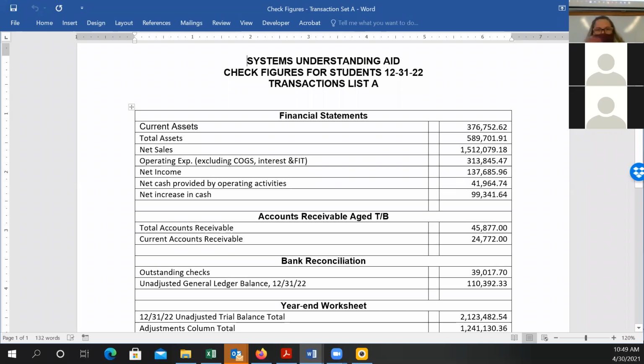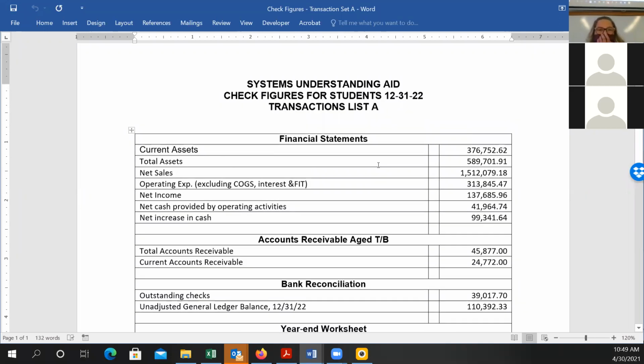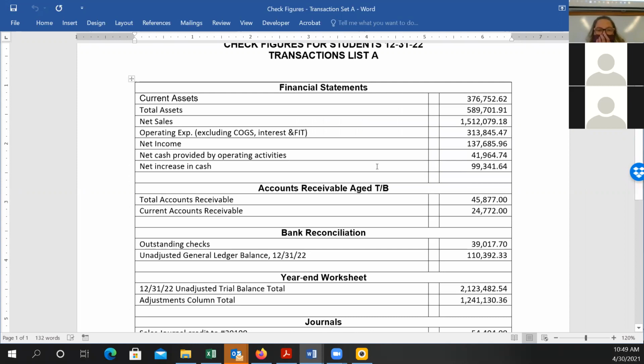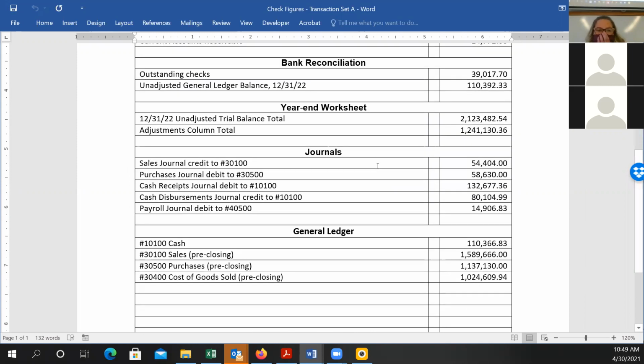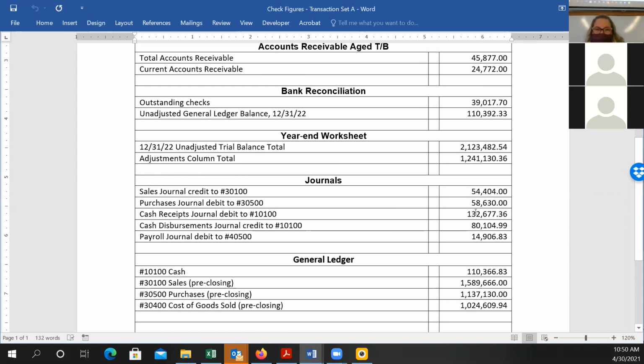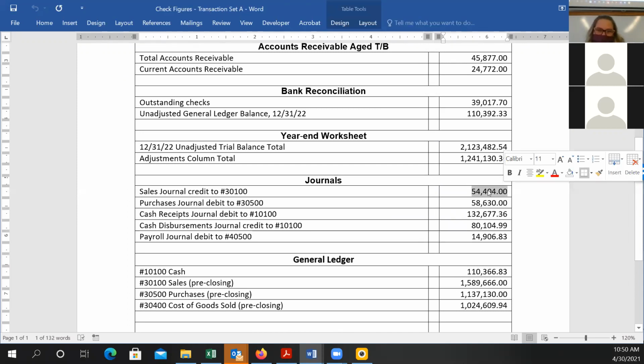Okay, yeah, these look like pre-close numbers for transaction set A. Was that your question? Okay. Yeah, I remember that transaction. We did this on Wednesday, transferring the sales journal credit to the general ledger.